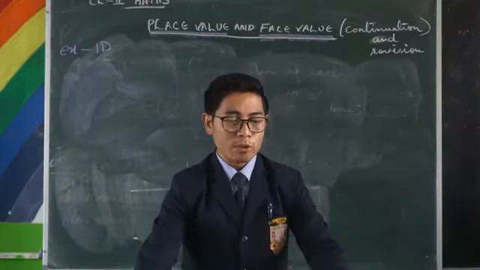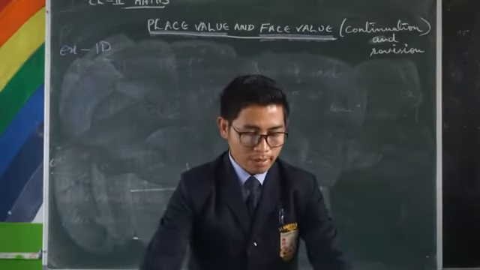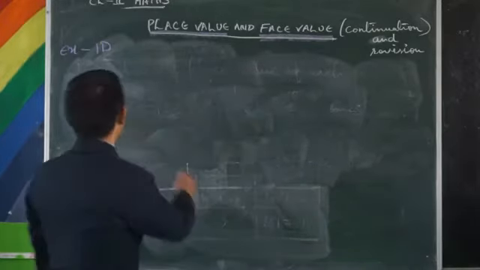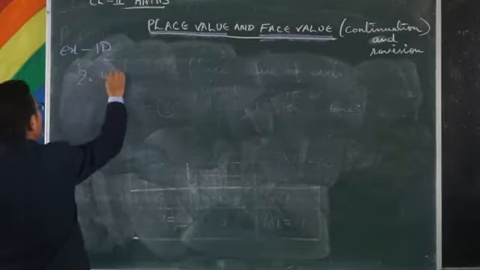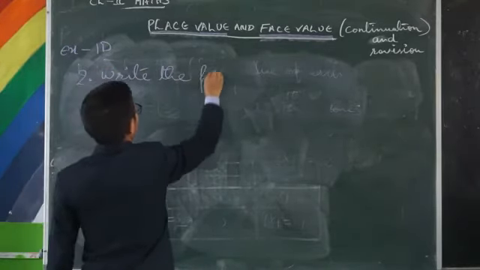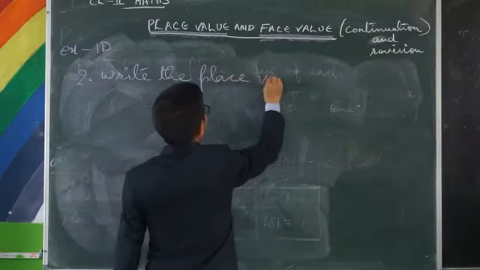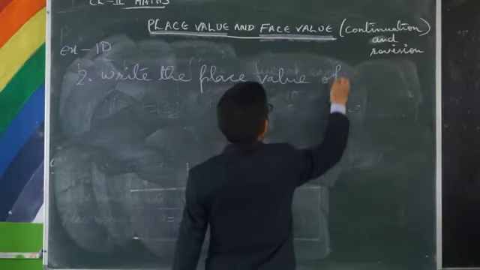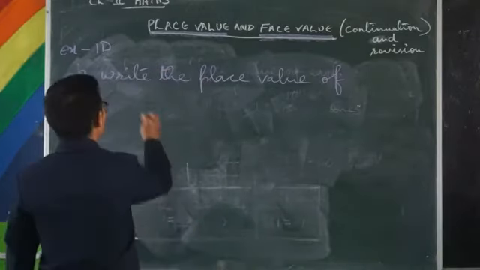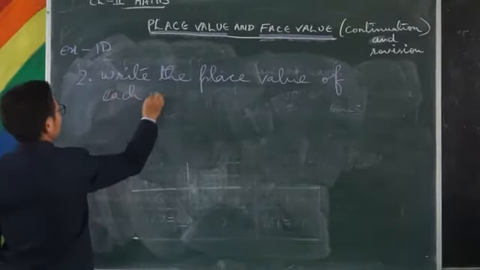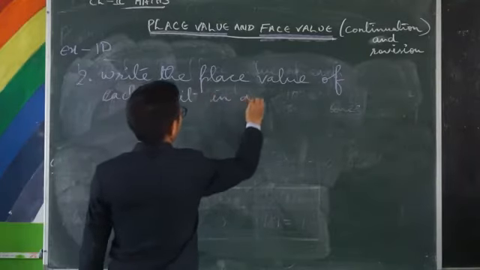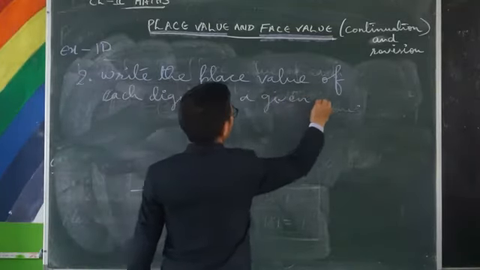The second number question is there in the book. Write the place value of each digit in a given number.